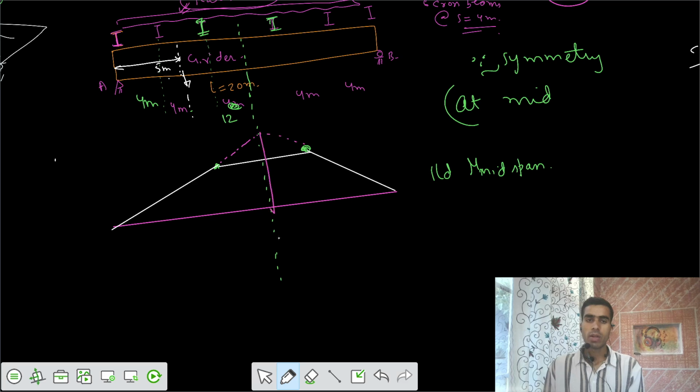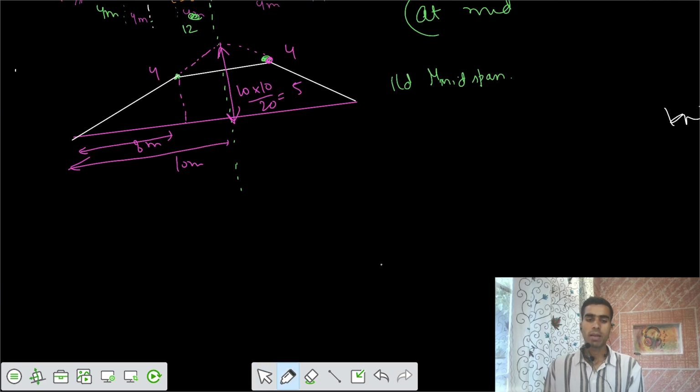This peak ordinate would be AB by L, which is 10 times 10 by 20, that is 5 for the length of 10 meter. And if this length is 8 meter, the ordinate here would be equal to 4, and this ordinate would also be equal to 4.